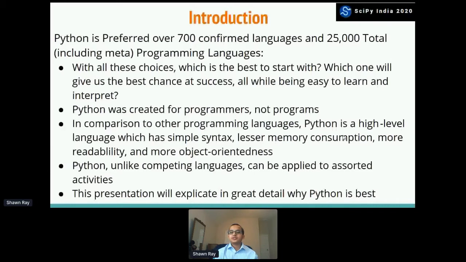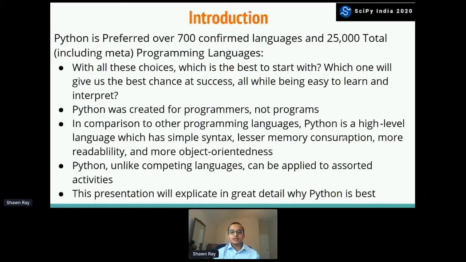See, a lot of languages have very good APIs and are very good at contacting with machines and bots, but lack on making it easy for programmers. Python, on the other hand, was created with the programmer in mind. In comparison to other programming languages, Python is a high-level language which has simple syntax, lesser memory consumption, more readability, and more object-orientedness.